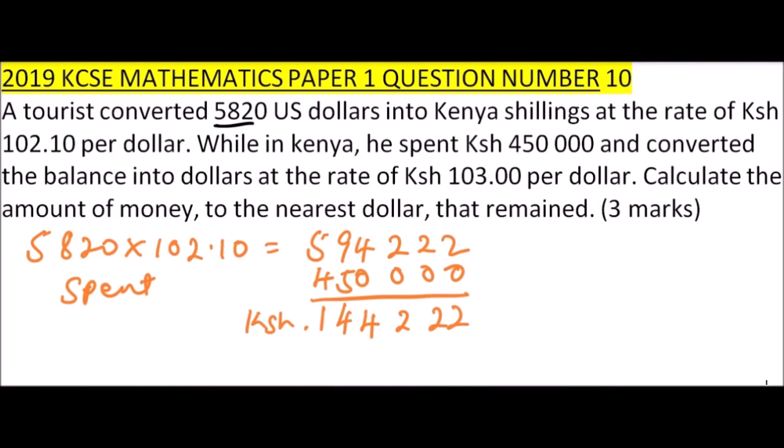And because he's going back to his country, let's say if it is United States of America, he cannot go with the Kenyan money, so you have to change. And now to change, you divide at a higher value, so that the difference is what the bank or the forex bureau will make profit.